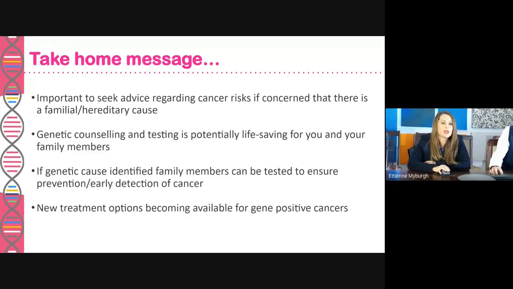If we can pick up the cancer at an early stage, we can manage it and treat it and you can recover from it. Or ideally, if we can prevent it with surgery, then that is a very good option to consider. And if we identify this gene, then it is important for the future generations as well, for your children and your children's children.